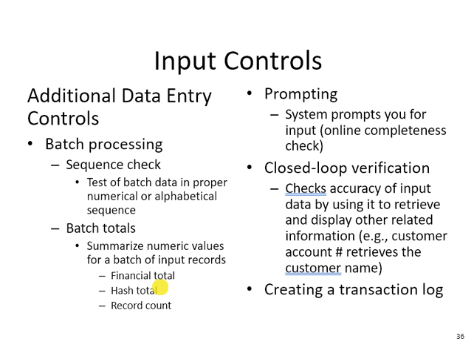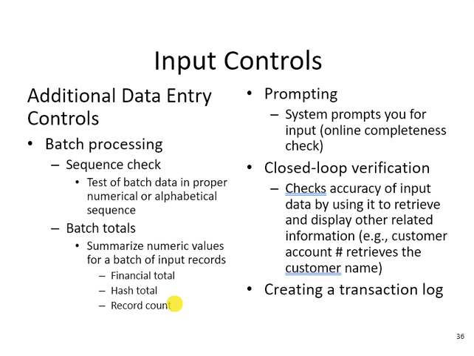Or we can have the hash total, which sums a non-financial numerical field, such as the total of the quantity ordered field in a batch of sales transactions. Or, simply, a record count, which sums the number of records in a batch.